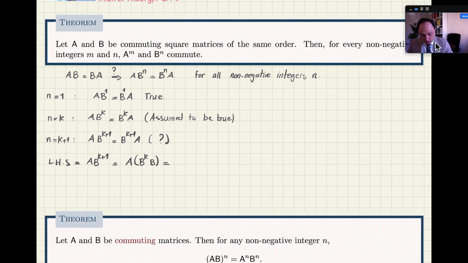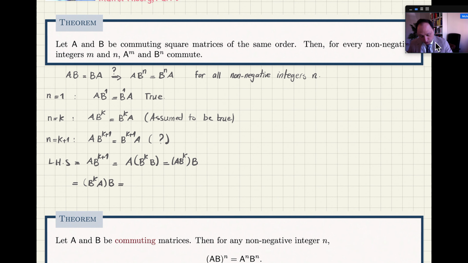And because of associativity, I can take the pair of brackets from the second pair and put them around the first pair. So it becomes A, B to the k, and then I have B alone. Now I can use this assumption, yes? We know that A times B to the k is assumed to be B to the k times A. So instead of this one, I can write B to the k times A and multiplied by B.